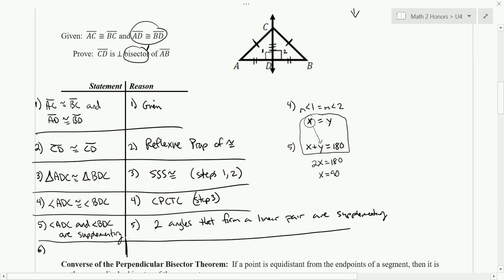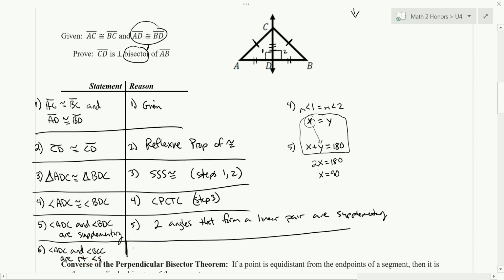So to put that into words here, I'm going to say angle ADC and angle BDC are right angles.